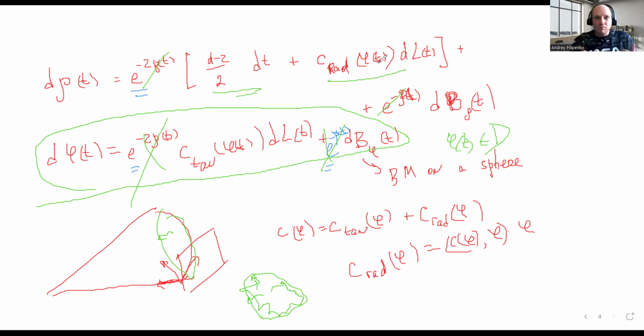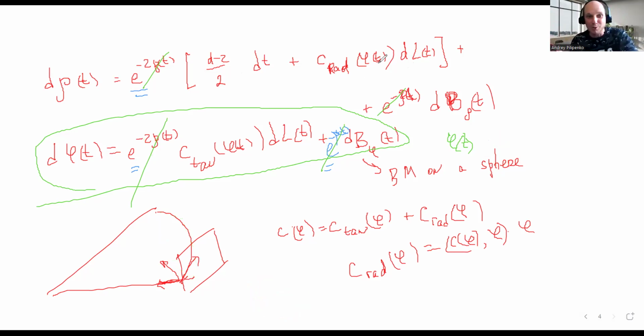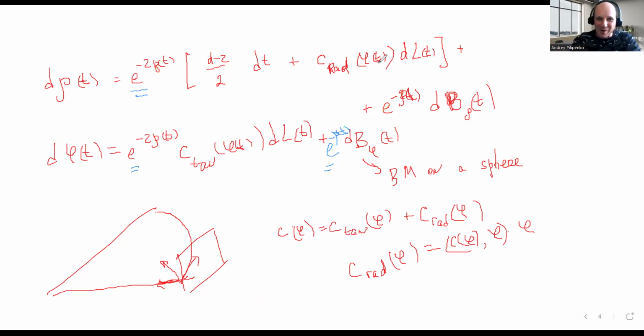But how can we delete? I say, assume that we delete. It is not so honest a way to prove the theorem. Let me make a transformation of time. Sometimes it's useful. Let's make the following transformation of time.